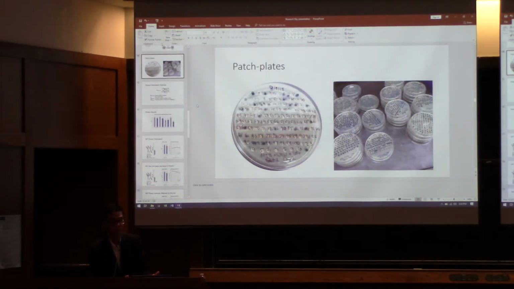They all look the same. And we want to be able to tell which strain, this is like color coding. Because we're mixing two strains together, a mutant and a wild type, and we want to be able to tell which colony is mutant and which colony is wild type.